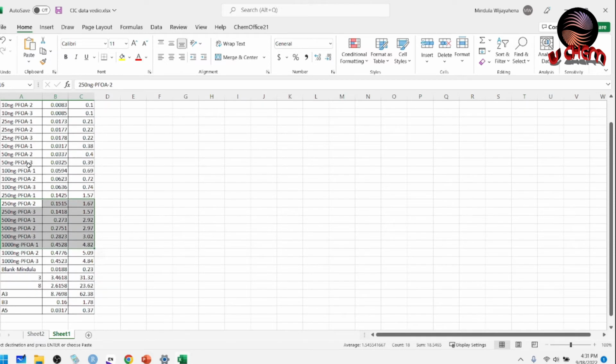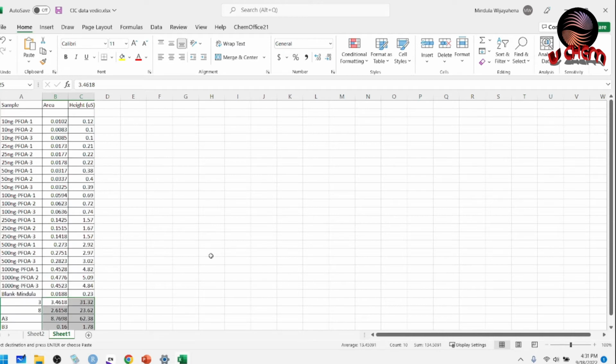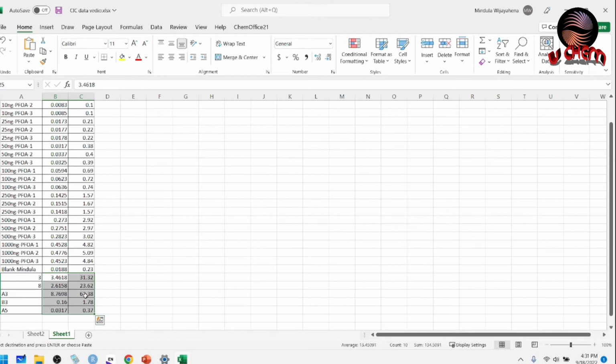After we get it, we can inject our samples to get their concentration, because in this scenario we don't know the concentration or content of fluoride. That's what we're going to find. So these samples are my unknowns. I inserted them into the instrument and it gave me this data, so I'm going to find the corresponding values for this data set.